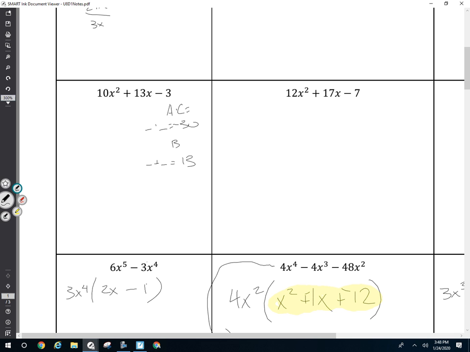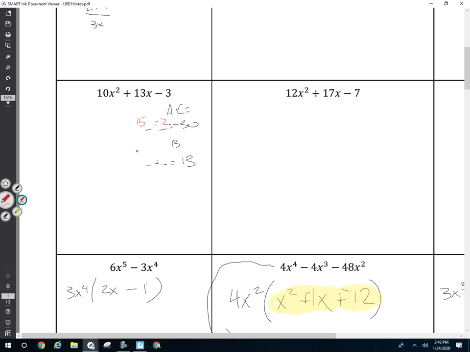Add to get b, multiply to get a times c. What are they? 15 and 2. You know, I was actually thinking 10 and 3 right away, but I would have been wrong. You guys are right. 15 and negative 2.